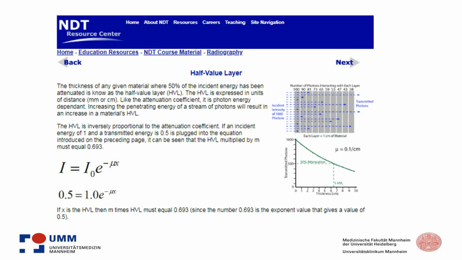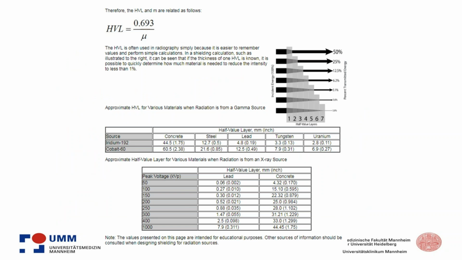If you go to the next slide, you see this is how it works. You have an energy like, let's say, cobalt 60, and you have a half value layer in millimeters or inches for concrete, steel, lead, and tungsten. Let's say 60 millimeters of concrete minimizes the intensity of cobalt 60 by a half for a given situation.